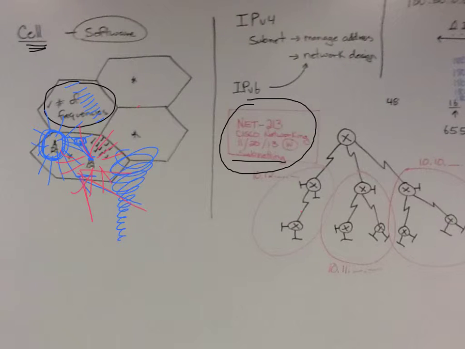Great idea. Alright, next thing, taking a look at IP addressing, versions 6 and 4, and subnetting. We subnet version 4 to manage addresses, to have enough addresses to cover the shortage. In version 6, we don't have a shortage, so we subnet more based on network design, which is also used in version 4.